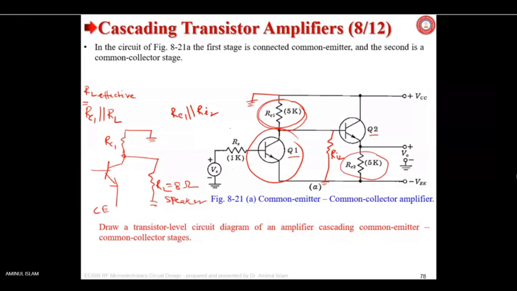Its resistance is 8 ohm or whatever. We are denoting it as RL. So now at the collector terminal, what is the effective load? Is it not the parallel combination of RC1 and RL? Yes or no? Are you understanding?